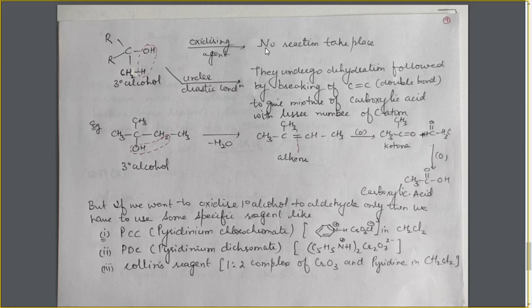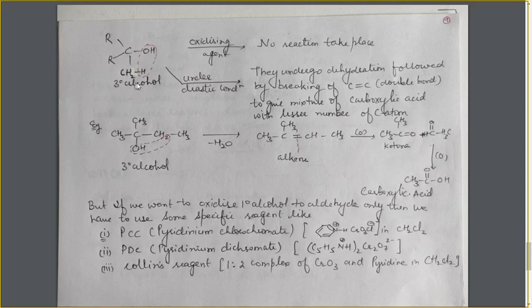Now can you guess why the reaction does not take place at room temperature? Why are they not oxidizing this compound, just like in case of 1 degree and 2 degree alcohols? For the oxidation in 1 degree and 2 degree alcohol, what happens? We have removed hydrogen from this oxygen atom and hydrogen atom from this carbon atom.